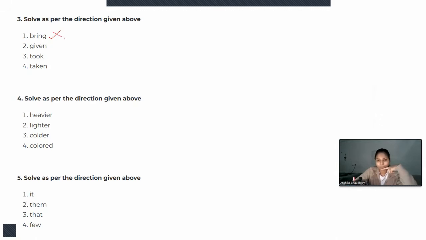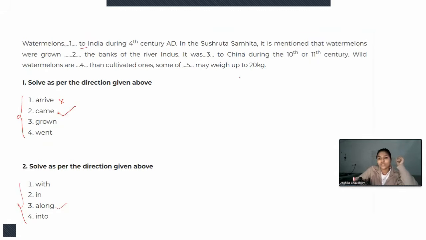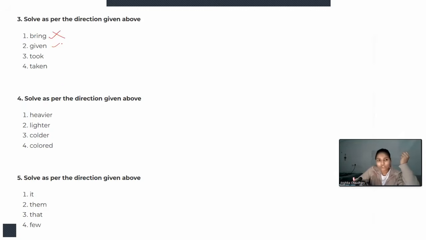So 'bring' is not grammatically correct. If we see 'given', it is not well fitted in the context. It was given to China during the 10th or 11th century? No, we are talking about watermelons' popularity in India. Why China? So 'given' is also not correct in this context.